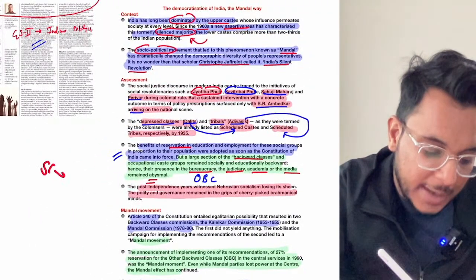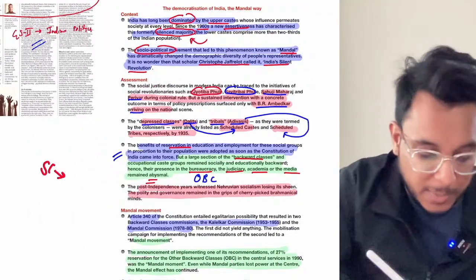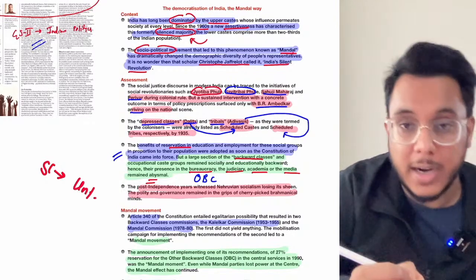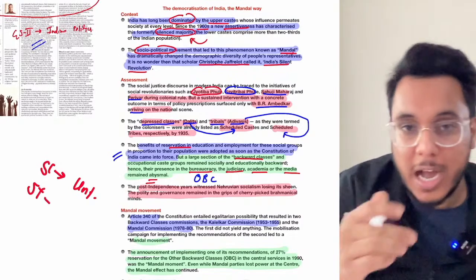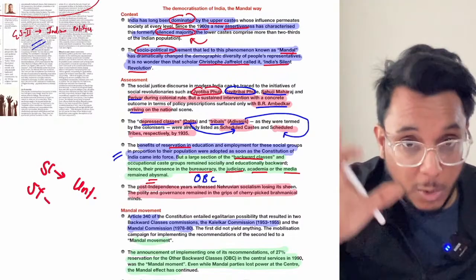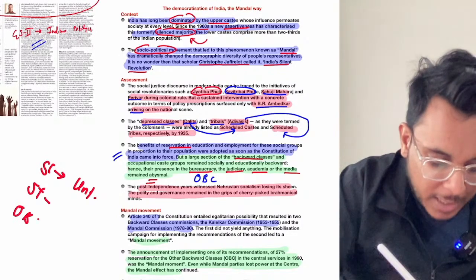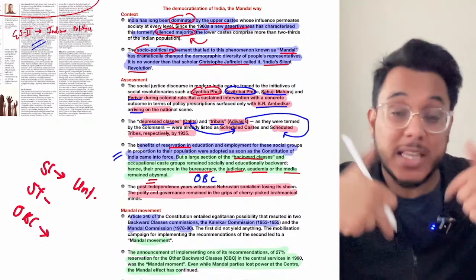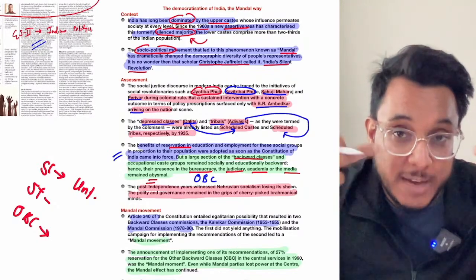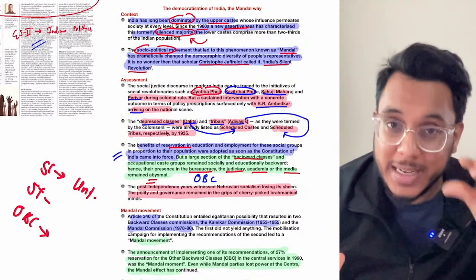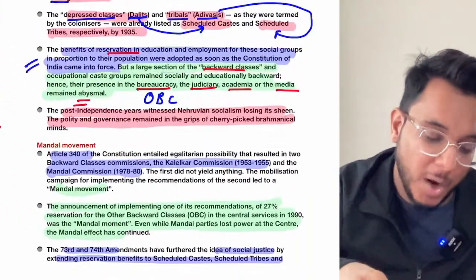Scheduled Caste people are the people who were treated with untouchability. Historical injustices happened with them. Scheduled Tribes are the Adivasis who lived in the forests, so they were always isolated. Other backward classes are those people on whom neither the British focused, nor did they get the benefit of development even after independence. So there are some castes which became the backward classes.